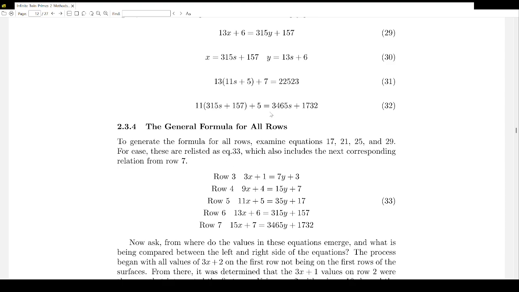And also 33. They're listed as equation 33, and the one that we just had here, 32, of course. So if you go back and look at those equations, you'll see that the one for row 3 was this, the one from row 4 was this, the one from row 5 was this, the one from row 6 was this, and then I also included the next corresponding relation from row 7.